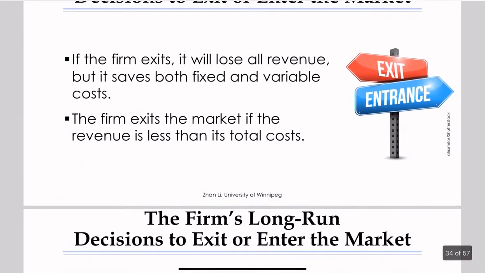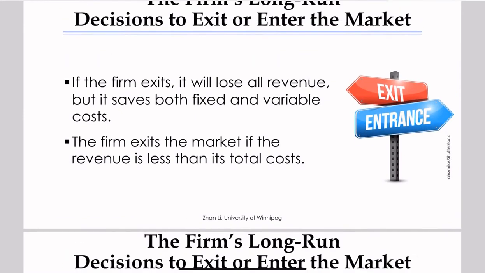Okay, now let's talk about the firm's decision to exit. If you think about the firm's decision to exit, then you can see that this is a long-term decision. And if a firm decides to exit, it loses all revenue, but it could save both fixed cost and variable cost.